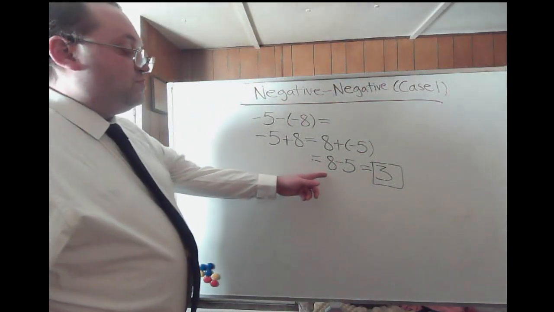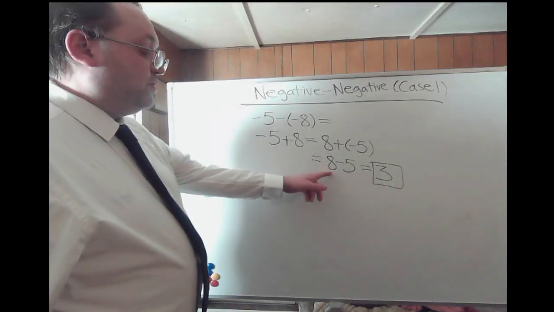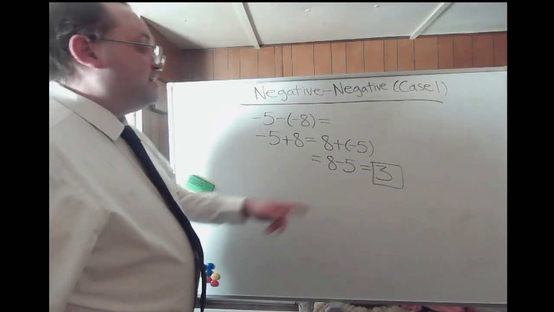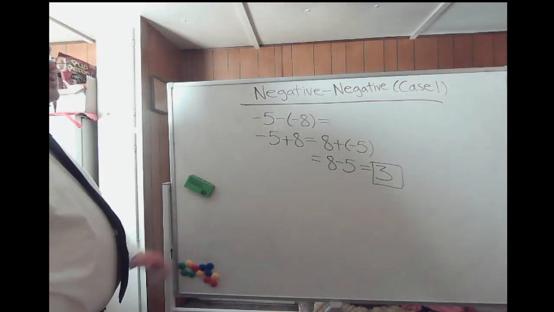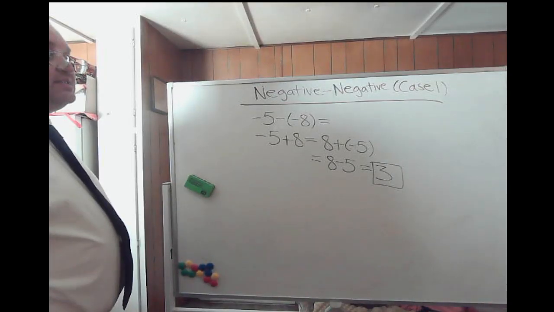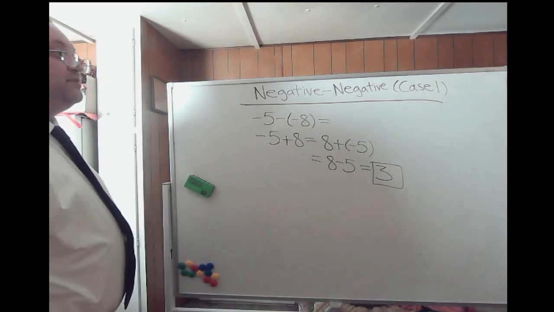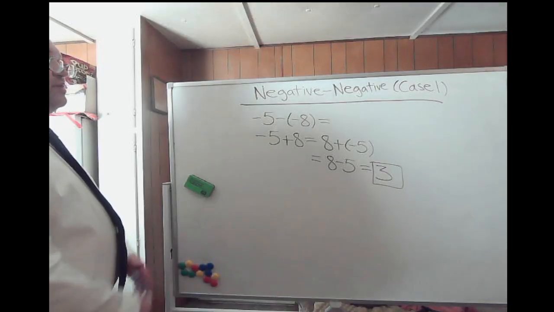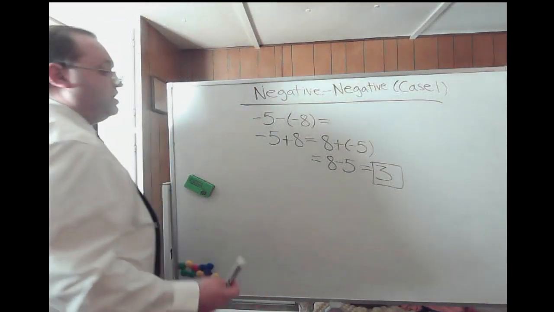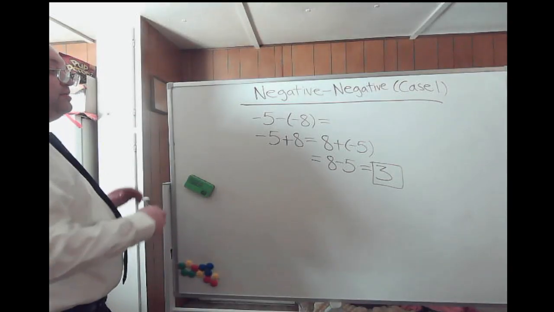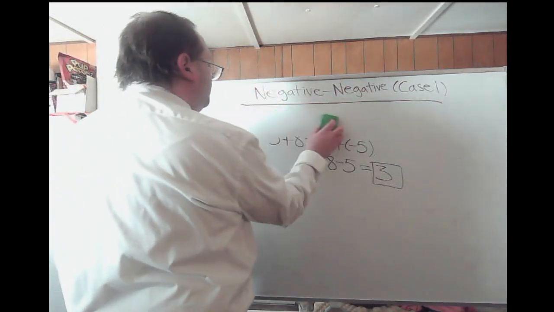This case 1 is when the first number is greater than the second number, you get a positive result. So it almost goes back to a positive minus a positive case 1, whenever you have the first number in the subtraction being greater than the second number.